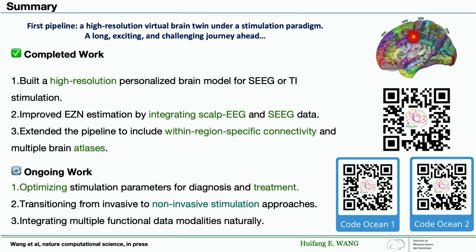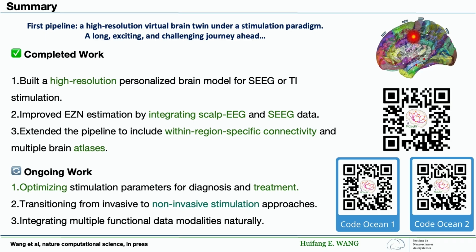So, in summary, this is the first pipeline we built for the stimulation for epilepsy, using high resolution, and there is still a lot we need to do along this journey. There are a lot of challenges as well. What we have already done is in this paper; this morning I got the DOI, so you should be able to access it in 1 or 2 weeks.